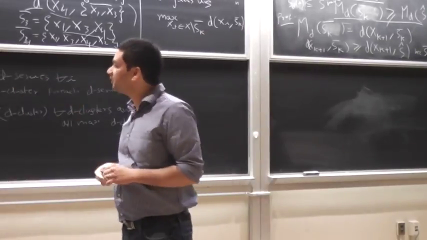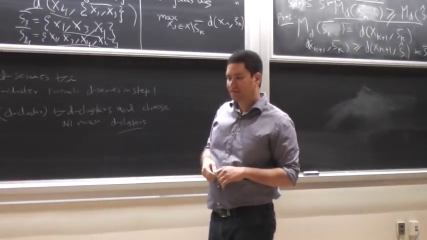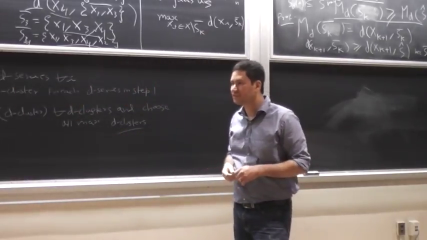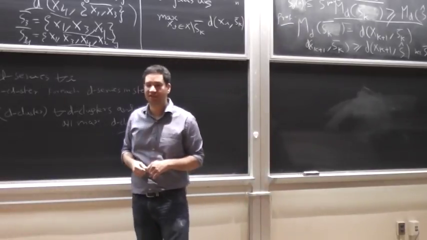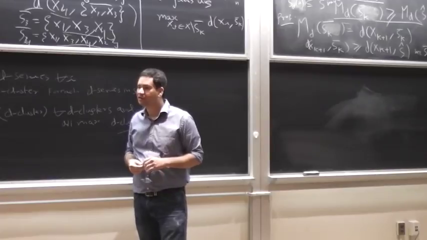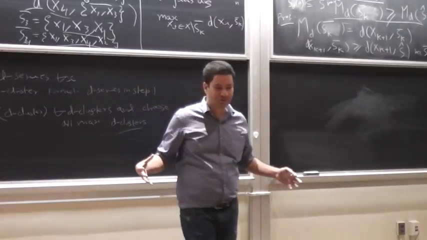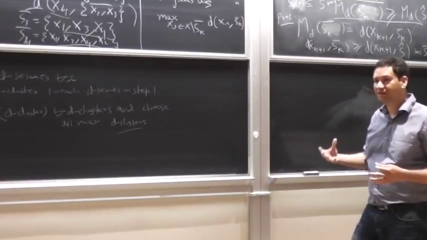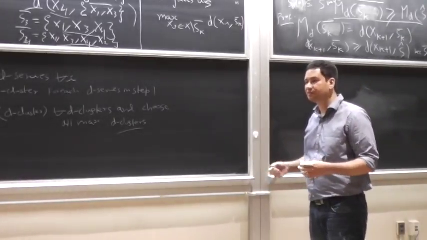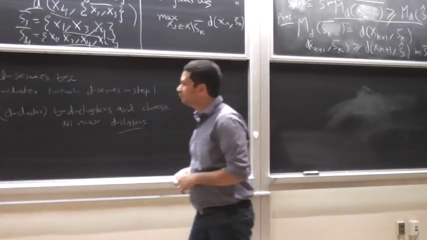We pose that problem in order to find subsets of random variables that are diverse, and by diverse I literally mean statistically as independent as possible. So instead of clustering, which is grouping things with respect to dependency, here we are finding subsets that are as diverse as possible. So how do we do that?